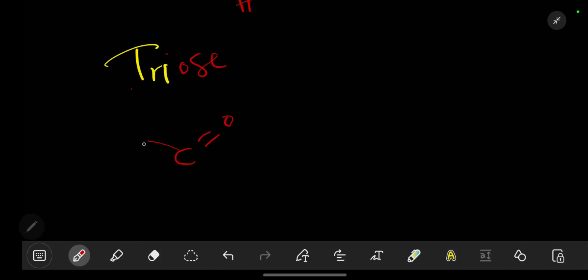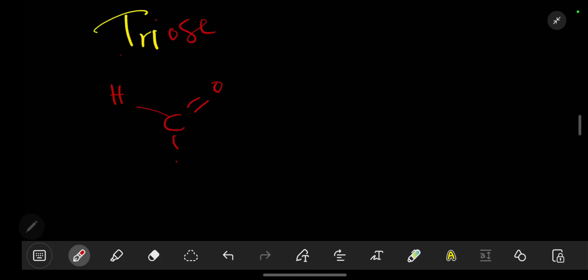The other structure that we might look at is what we call a triose. Tri means 3, which means we are going to have a 3 carbon sugar like that. It is going to look something like this, double bond O like that. Remember, we should have 3 carbons, so 1, 2, 3 all together.